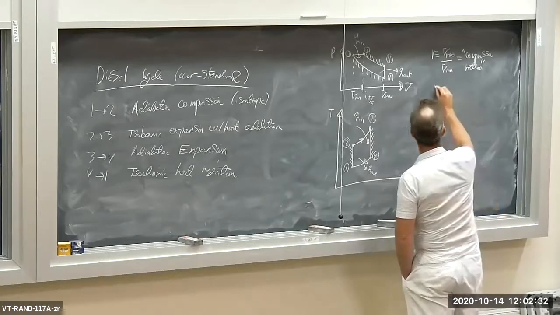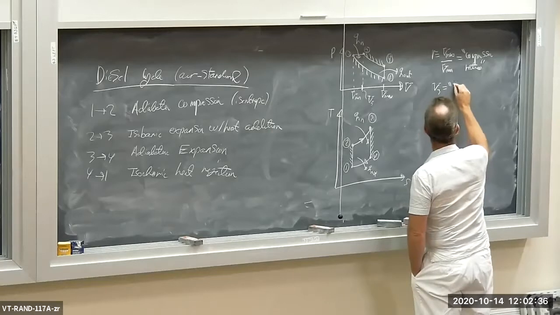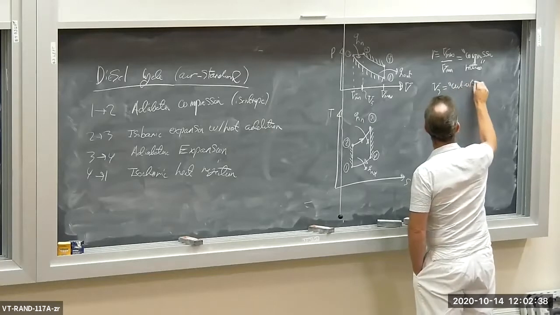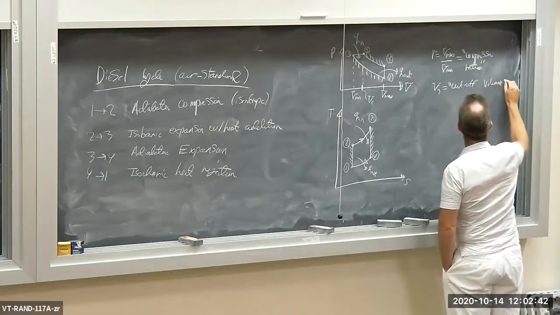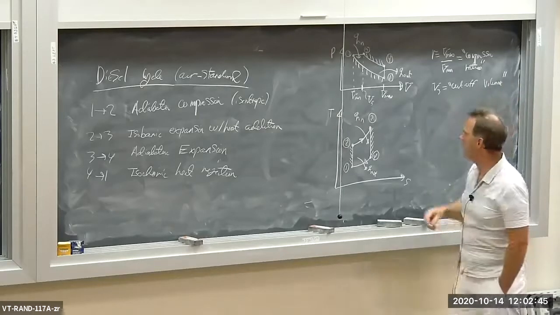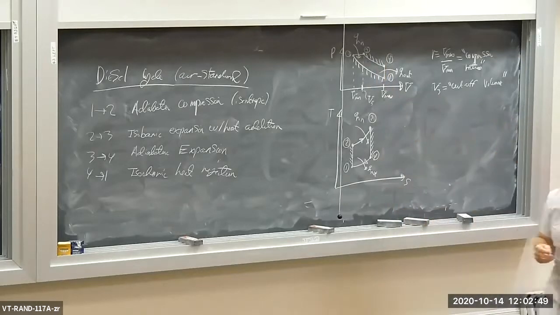And for the diesel cycle, V3 is the cutoff volume. That's the volume at which the heat ceases to be added during the isobaric heat addition process. So V3 is called the cutoff volume.